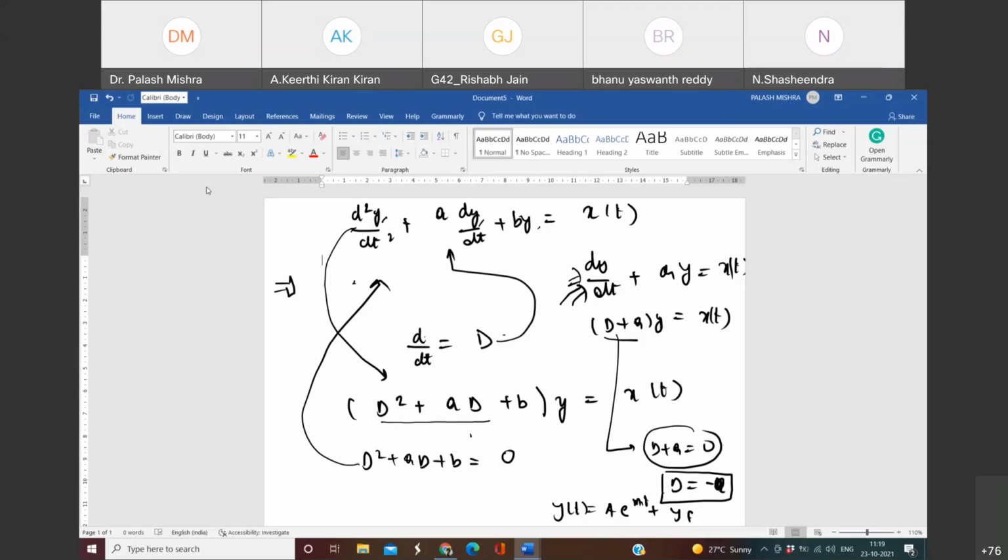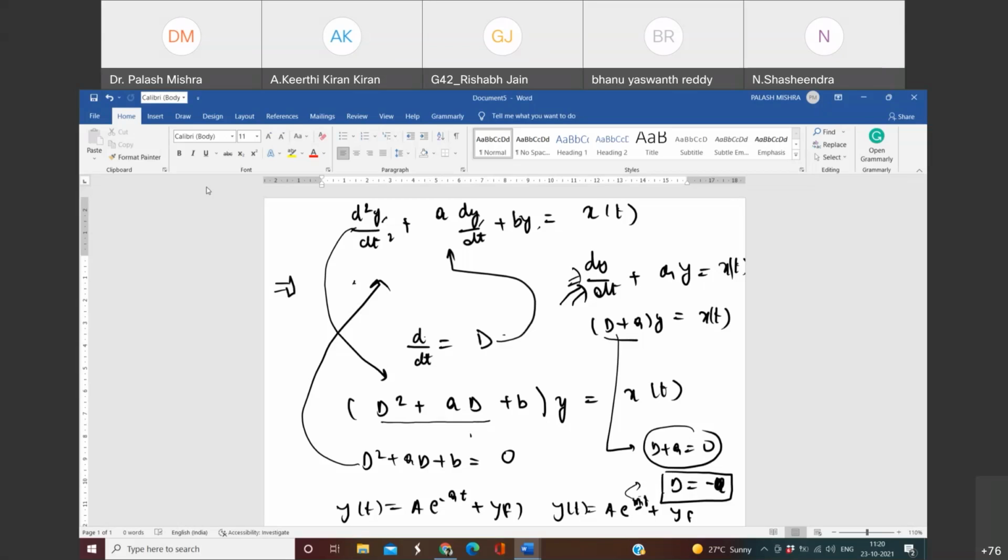So this m1 is the root of this characteristic equation. So y(t) will become A e to the power of minus a t plus y_f. I am not talking about the forced response. I am just talking about the natural response of the system.